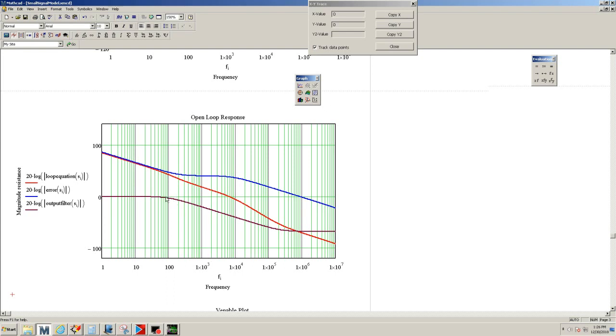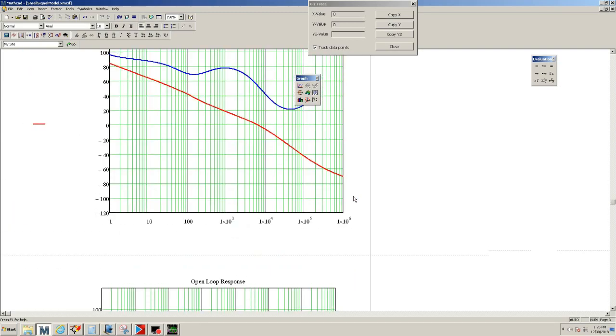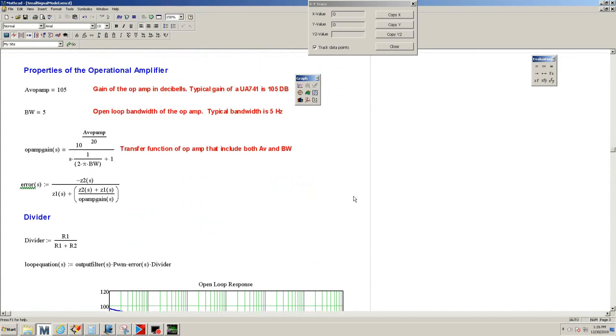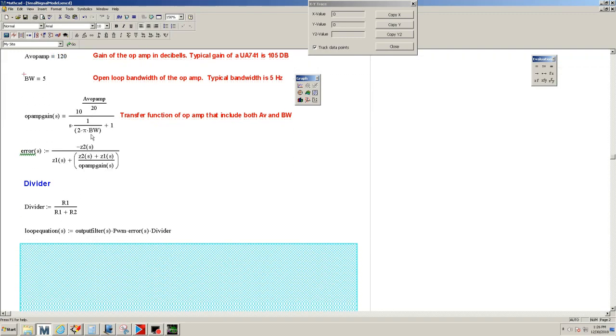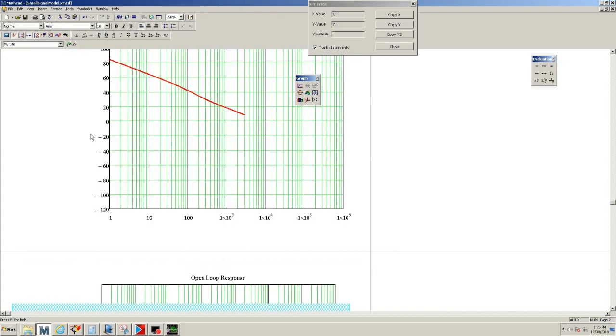That this pole is cancelled by this 0. And then it looks like there's a 0 over here when it should be over here. Okay. So let's up the gain and see what happens. Let's say that the gain is 120. Okay, so let's see, does it do anything?